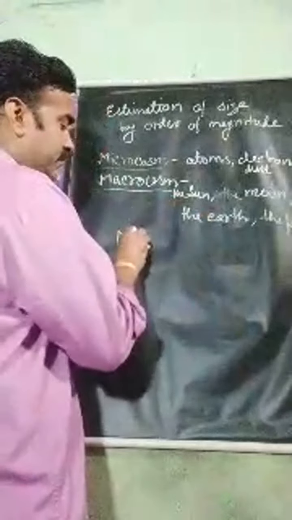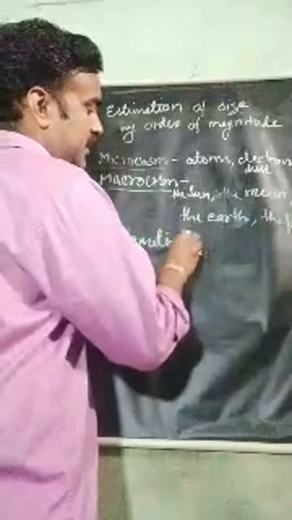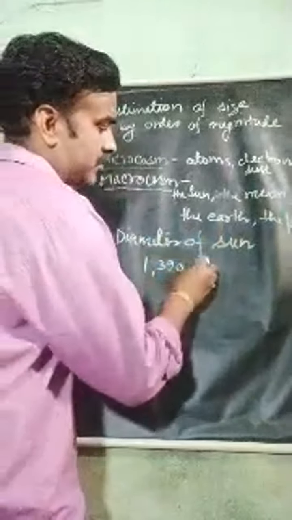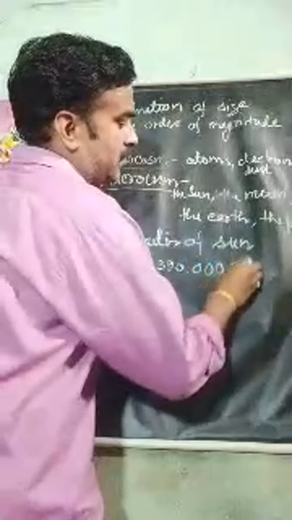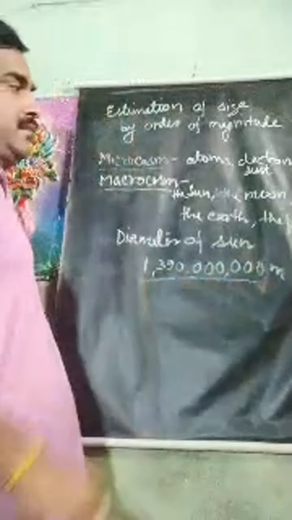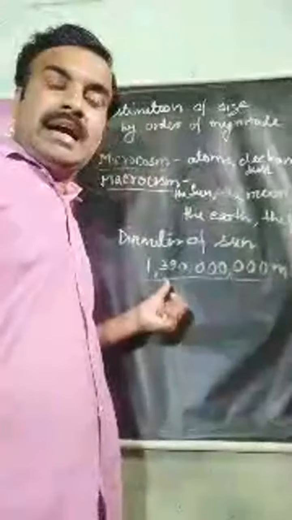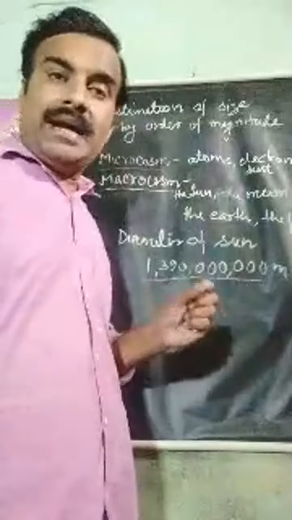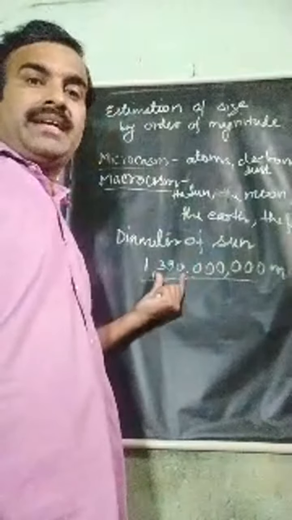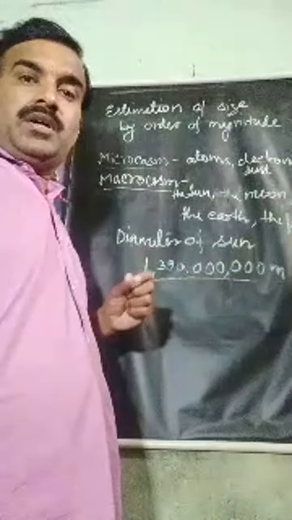Now suppose we want to find the diameter of the sun. It is given as 1,390,000,000 meter. This is the diameter of the sun. It will be quite difficult for us to read this diameter.